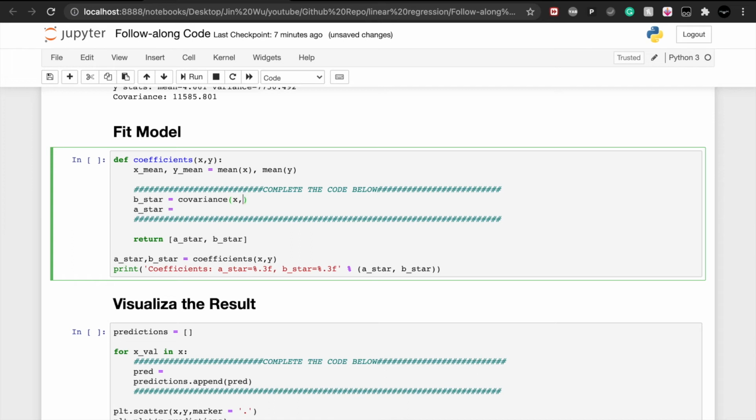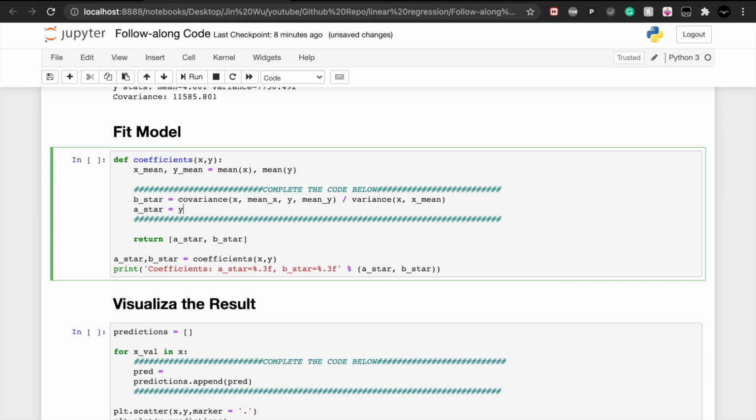So we need to call the function. We need to pass in the mean x and mean y. So this will give us the covariance, and we need to divide the covariance by the variance of x. So variance of x. Alright, that's our B star.